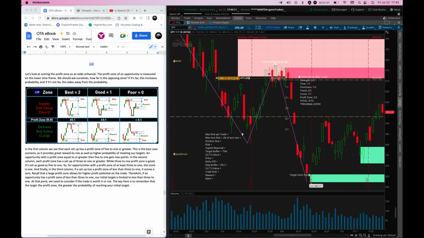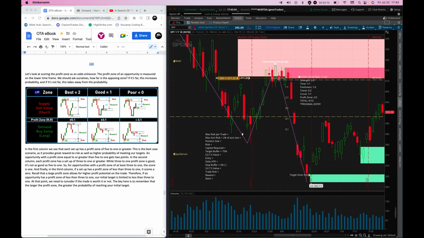Let's look at scoring the profit zone as an odds enhancer. The profit zone of an opportunity is measured on the lower time frame. We should ask ourselves, how far is the opposing zone? If it is far, this increases probability, and if it's not far, this takes away from the probability.